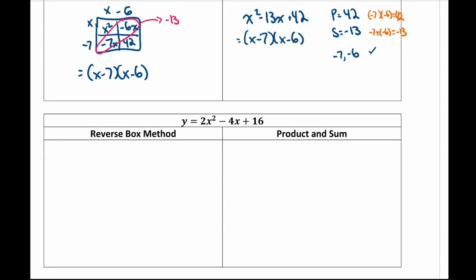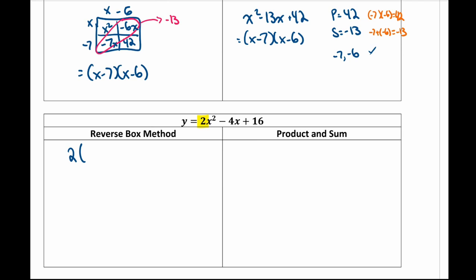The last example is going to be a little bit different because we have a value in front of the x squared. So this is different from all the other ones. That 2 makes it different. But what I can do is I can common factor this. And common factor basically means just dividing out the same number. So if I look at this, I want to take out that factor of 2.